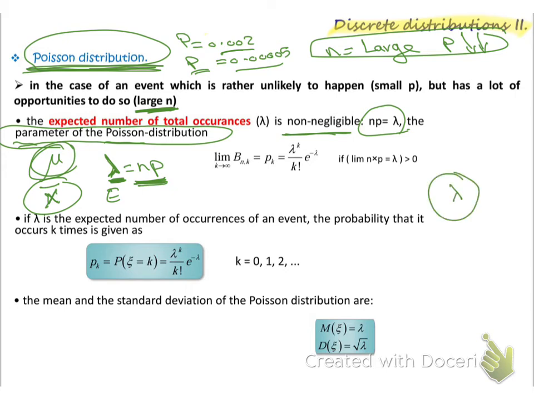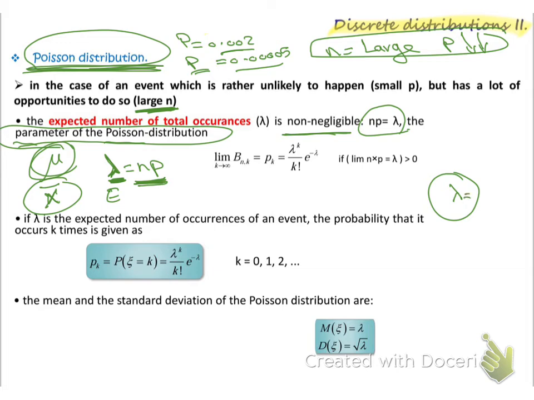For example, I do an experiment. I have an overall expected occurrence of an event, so I say the expected occurrence is 0.3 or 0.7 or whatever. This is called lambda. Lambda is the expected number that it will happen.